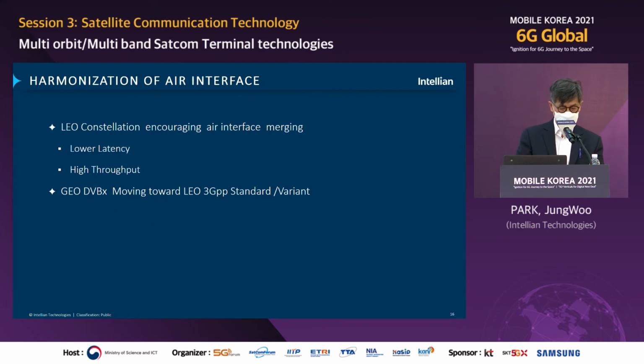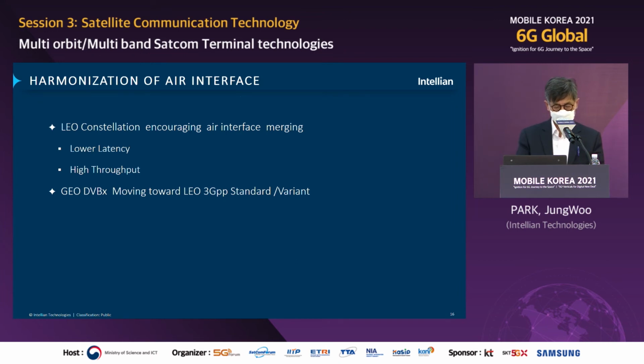And then this one is a little bit different technology sector. It is definitely out of my area of expertise, but still worth addressing very briefly. Current transmission standards for satellite services are dominated by DVB-X or its variants.